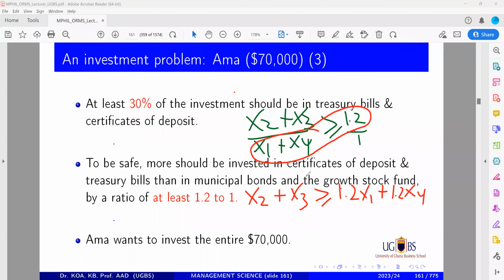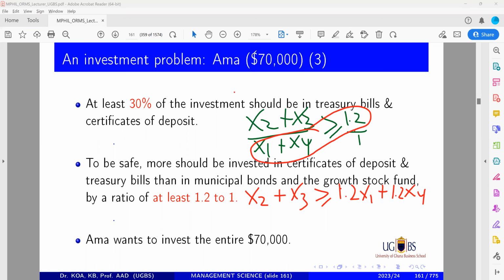So who can do the complete rearrangement for us? I'm writing it. So when you raise your hand, you're going to mention how you would have written it. Juliet. Doc, please, I have a question. From the last but one point, to be safe, more should be invested in certificates of deposit and treasury bills than in municipal bonds.